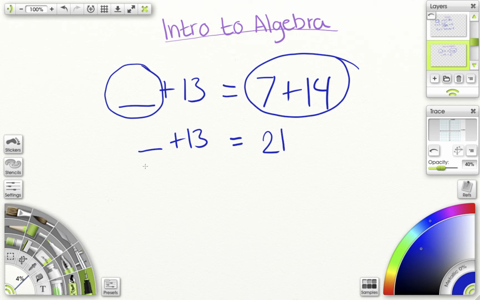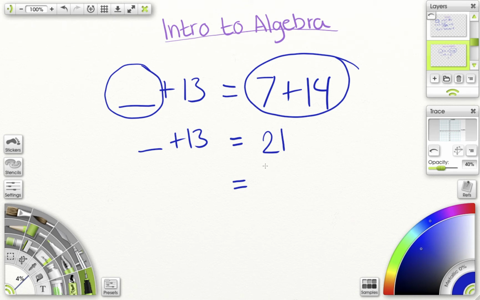To figure out what fits in this blank spot, we have to do something called the opposite operation. What's the opposite of addition? Addition is adding things to a number to make it bigger. What's the opposite of that? Making it smaller. So subtraction. So we need to do the opposite operation, which in this case is subtraction.